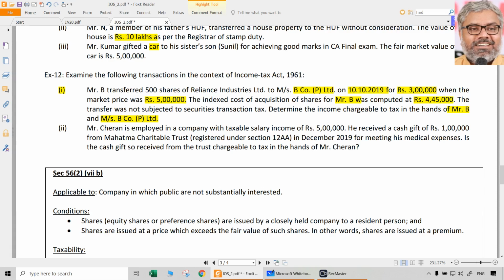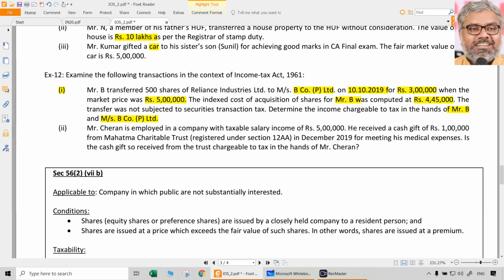Here we have to identify one point. Whenever there is movable property, like shares, then fair market value of those shares should be considered to be the full value of consideration if there is any shares which are transferred by any assessee. So this is a part of full value of consideration and discussion on how to consider the full value of consideration.